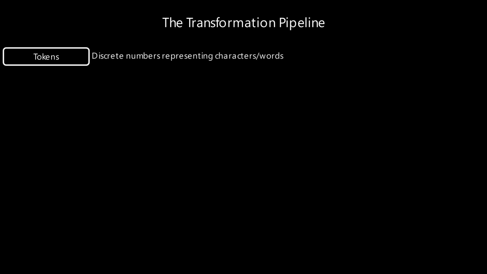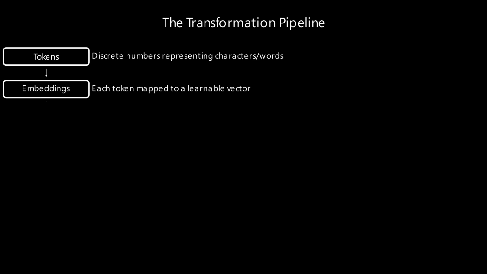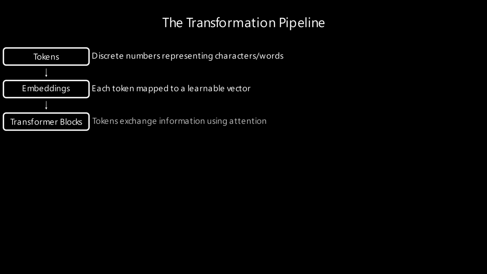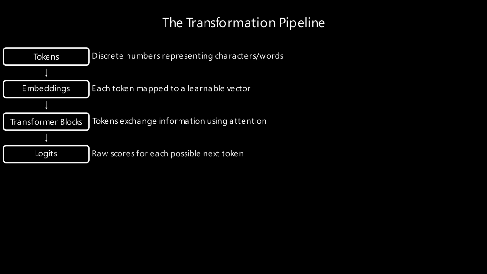At a high level, this is how the transformation looks. Tokens are first converted into integers. Each token is then mapped to a learnable vector called an embedding. These embeddings pass through a transformer block where tokens exchange information using attention. The model then computes raw scores called logits for every possible next token.